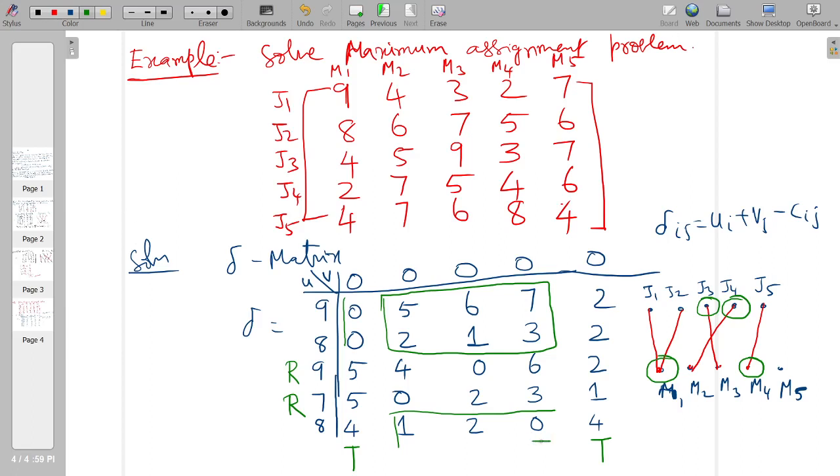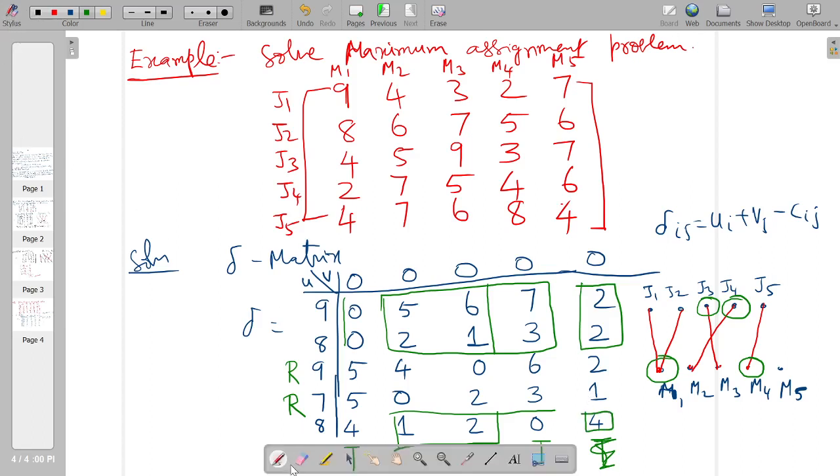This should be T, not this. Okay, so I will have this here, and similarly I'll have this, and I will also have this element. So I will erase this, and also I'll erase this line.